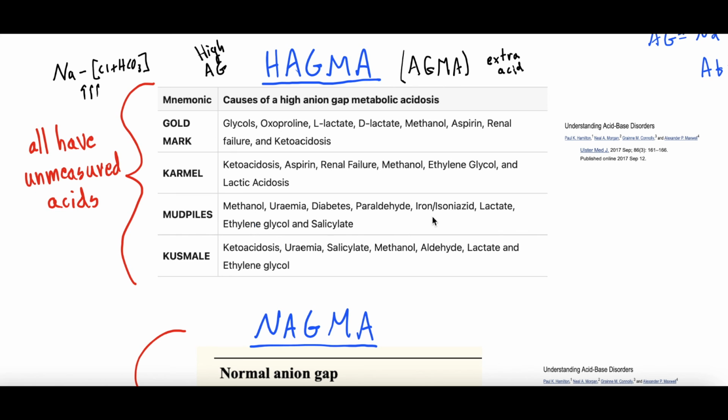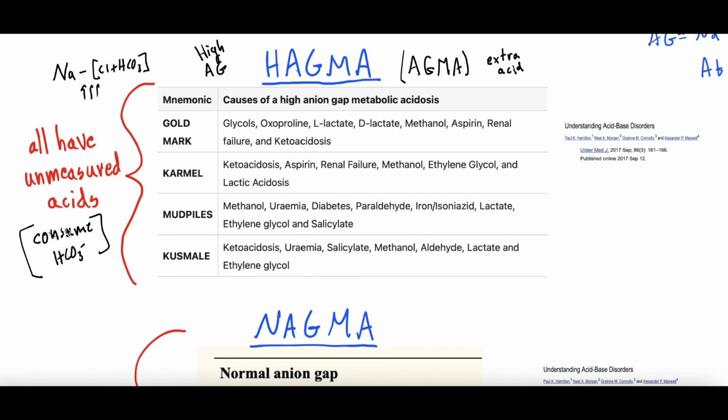And this is kind of just all similar things, but they all produce unmeasured acids. And those unmeasured acids consume bicarb, which makes your anion gap that you're calculating, because it's a calculation, it's not directly measured, makes your anion gap higher.